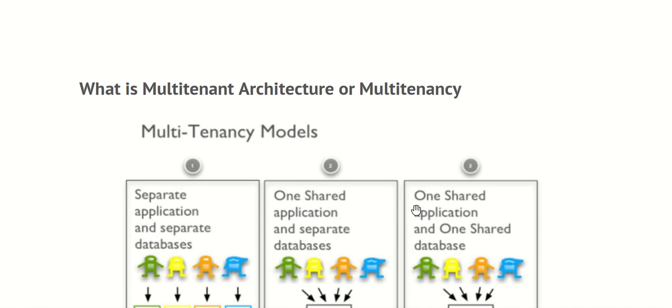Multi-tenancy makes use of all these and provides an architecture which is very user friendly, or you can say development friendly, and it is also very easy to scale enterprise grade applications. So without wasting much time, let's start the discussion.